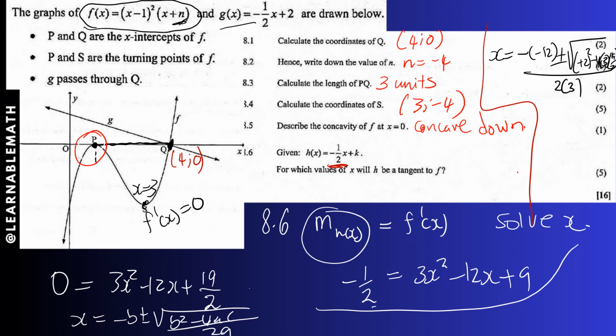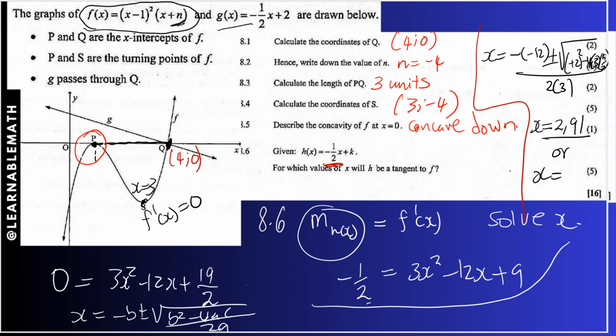Then you can simply punch this on your calculator and solve for x. So the values of x will be x equals 2.91 or, when you use your calculator on your quadratic formula, x equals 1.08. Those will be the values of x that will ensure that h is actually a tangent to f.